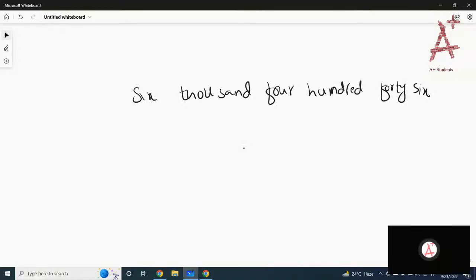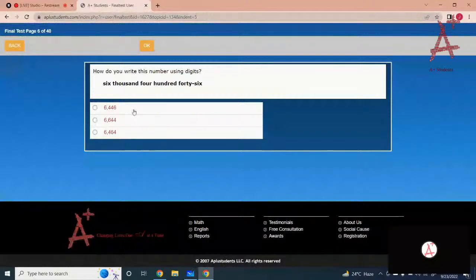The digit that is at the thousands position is 6. The digit that is at the hundreds position is 4. And then again 46, so it is 4 and 6. So it is 6446. Got it? It's the first option.